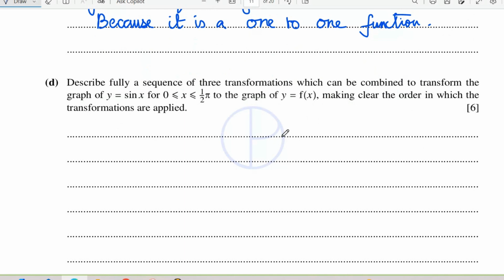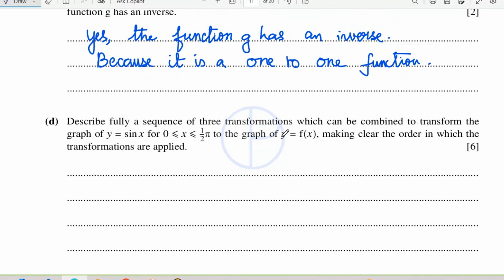Next part of the question is describe fully a sequence of three transformations which can be combined to transform the graph of y is equal to sine x to the graph y is equal to f of x, making clear the order in which the transformations are applied.